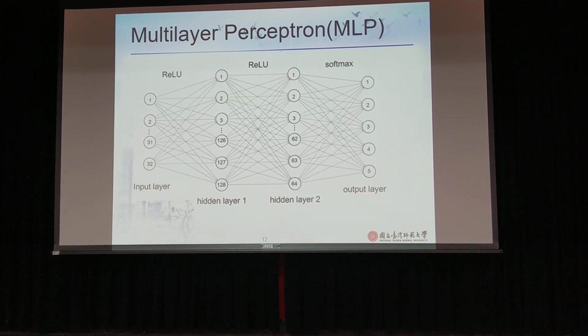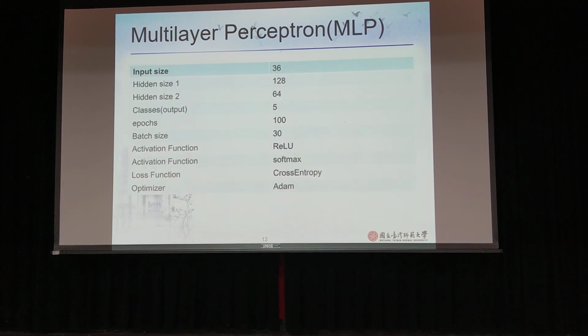A multi-layer perceptron is a basic structure of artificial neural network consisting of multiple layers of neurons, with each neuron in one layer connected to every neuron in the next layer. In an MLP, each neuron is connected to every neuron in the previous layer, but not to other neurons in the same layer. My MLP structure includes an input layer, two hidden layers, and an output layer.